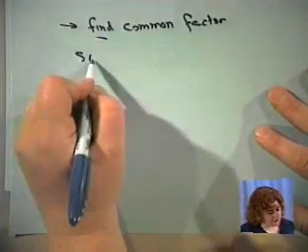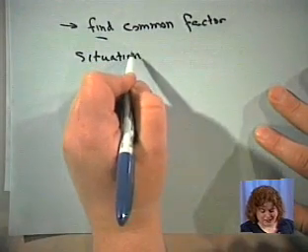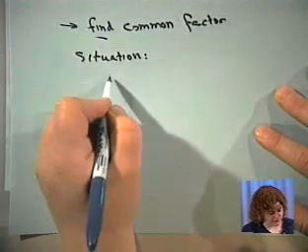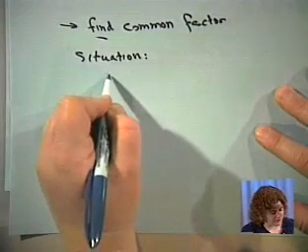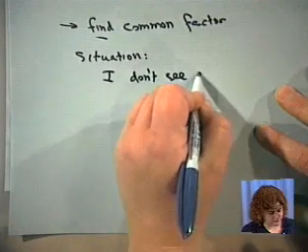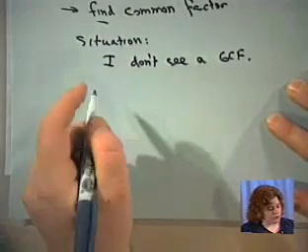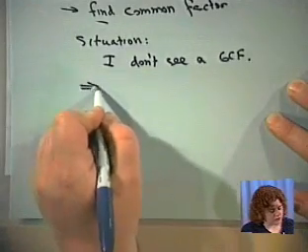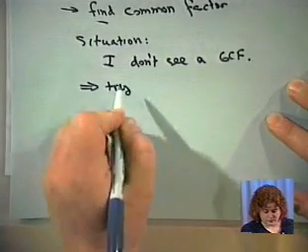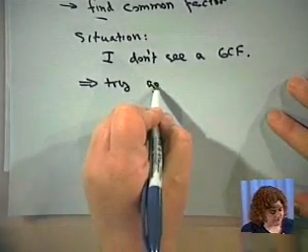And here's our situation. I don't see a greatest common factor or any common factor. So what I'm going to do is try going just a couple of terms at a time.